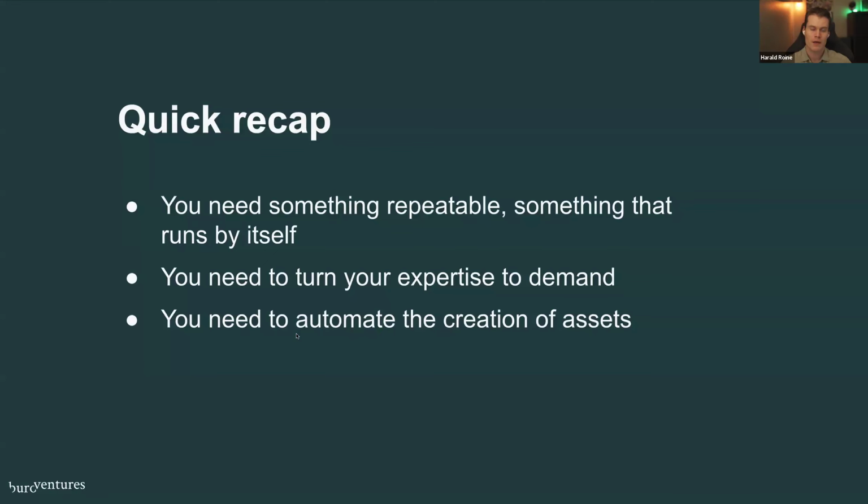So a quick recap. You need something that is repeatable, something that runs by itself. Because the biggest problem is if you are constantly, on a weekly basis, maybe even daily basis, asking yourself, what marketing do I need to do now, or this week, or this month to grow, or to get my next client, or to get the first client, you're stuck on the hamster wheel.